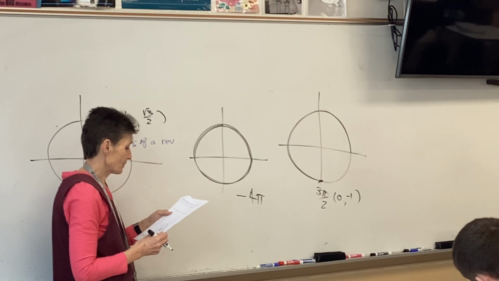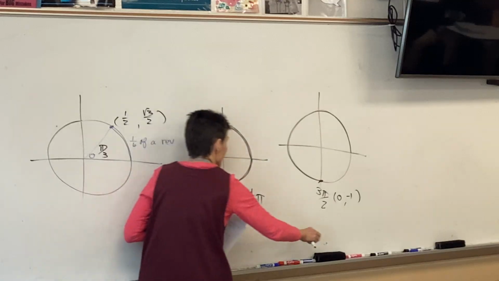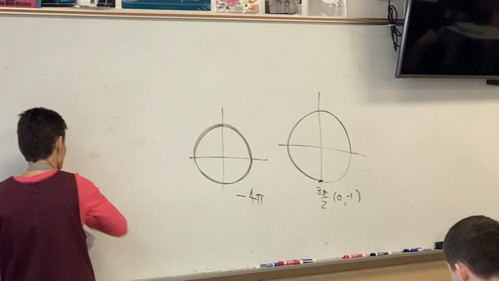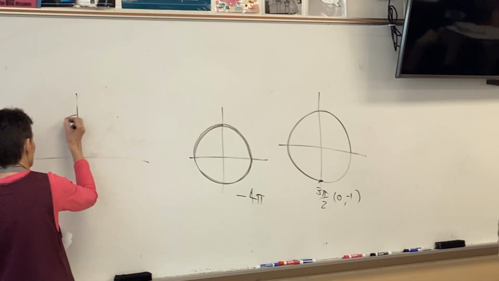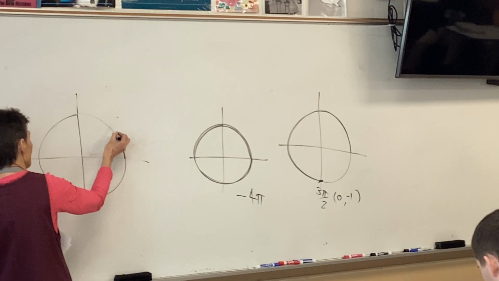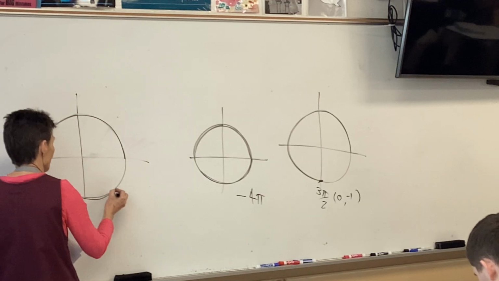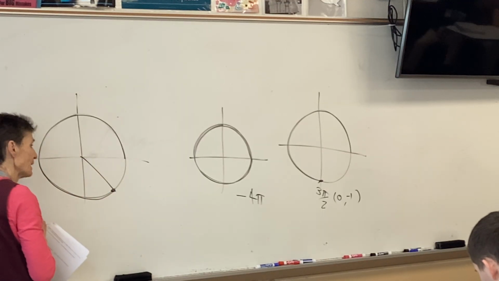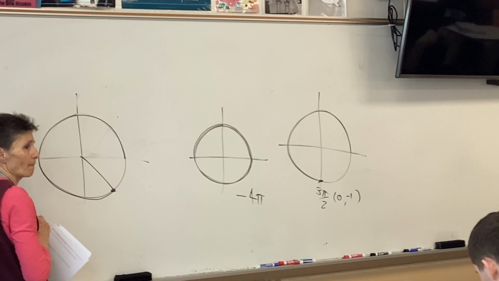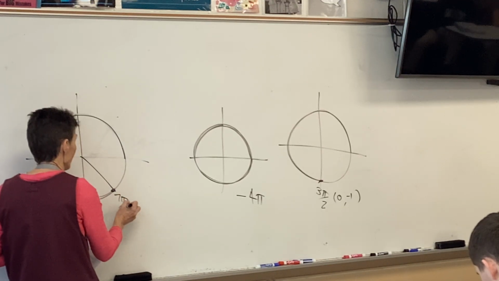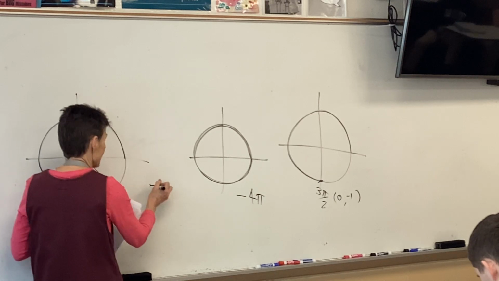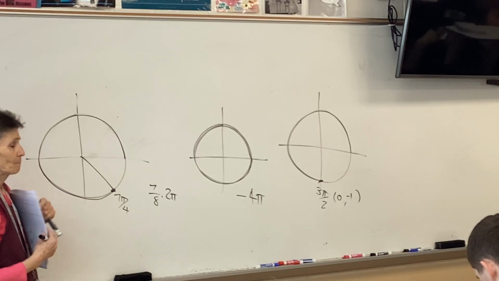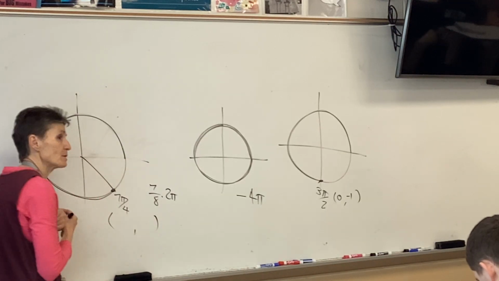7/8 counterclockwise. So 7 pi over 4. Unit circle.